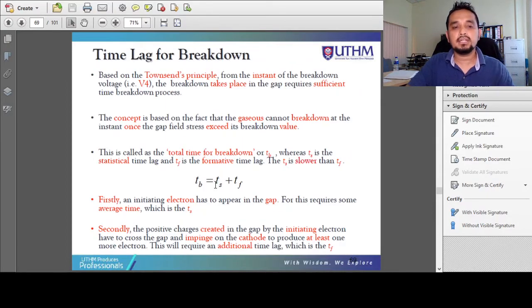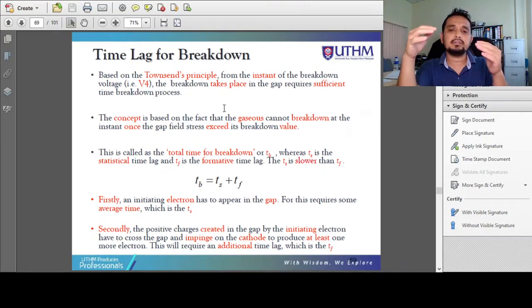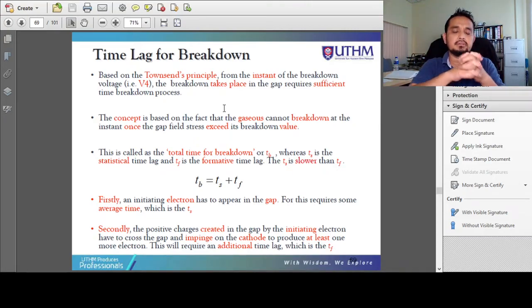Okay, come to the next section. It's about time lag for breakdown. In short, the breakdown of the gas will not happen instantly. It would always require a certain period of time before the breakdown occurs.